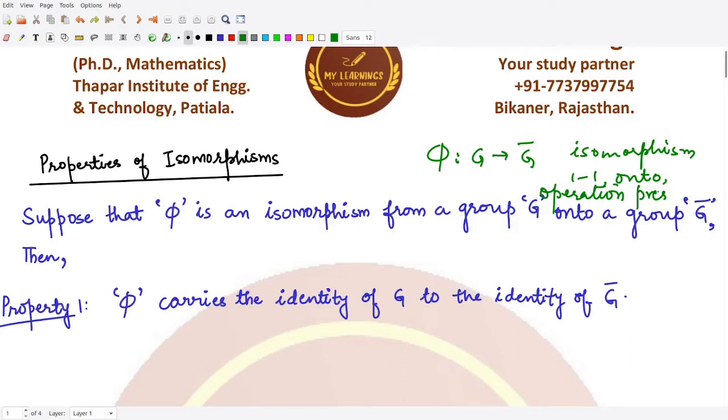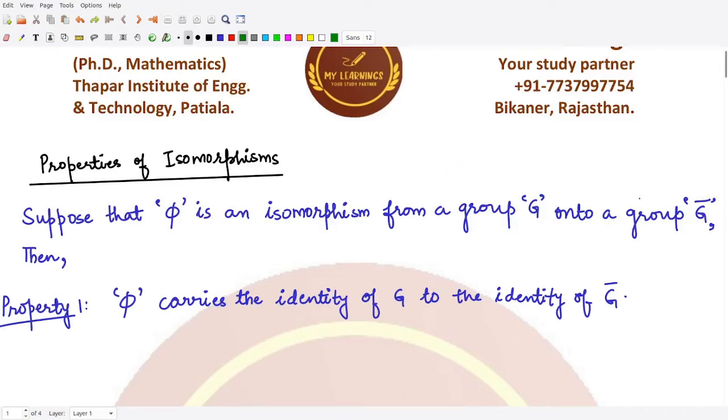what do we have as the first property? As the first property, we have that phi carries the identity of the group G to the identity of the group G bar, right?